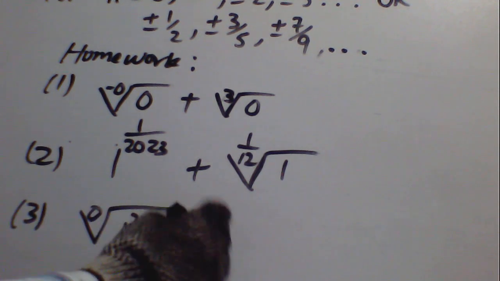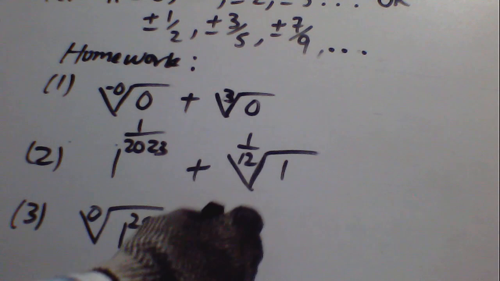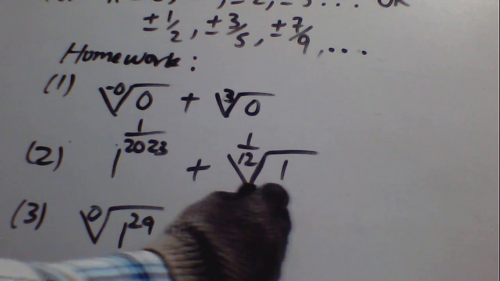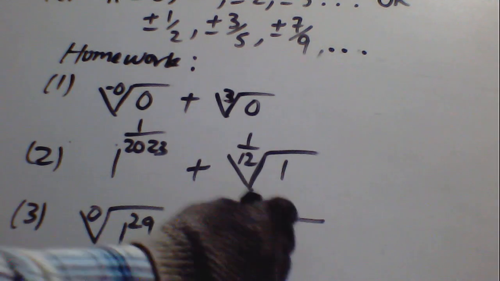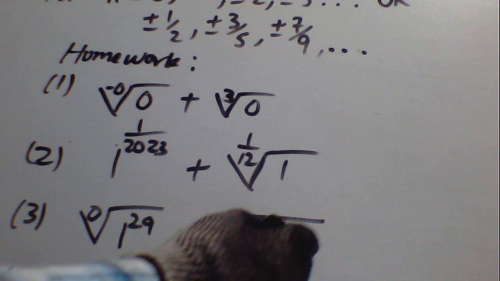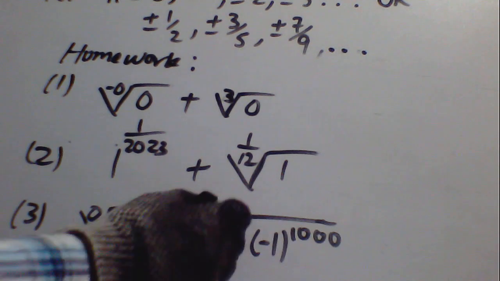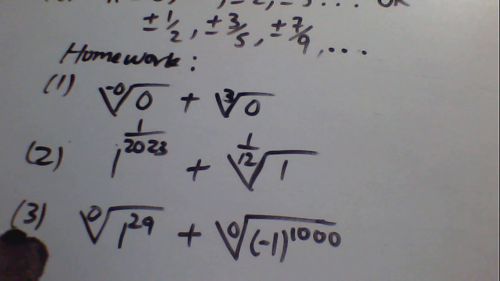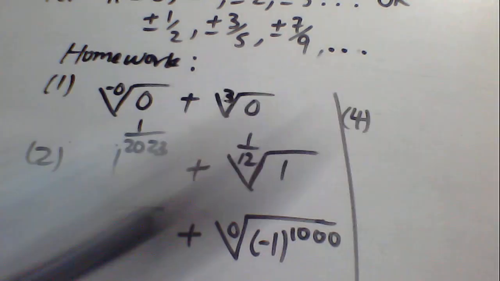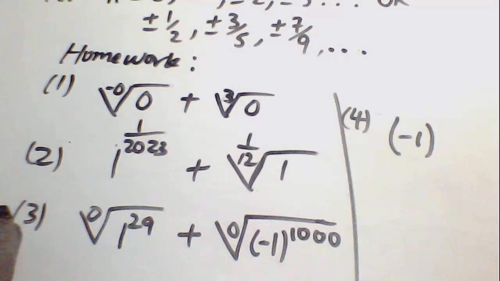This is to test your ability in all we have done. This is minus 1 to the power of 1000, and we have here 0. And lastly, number 4, you have minus 1 to the power of 36 over 108.